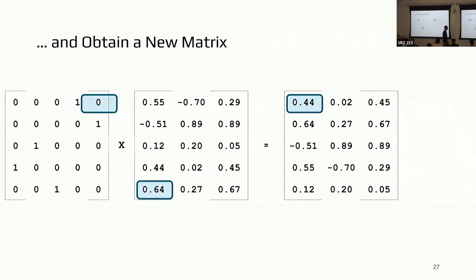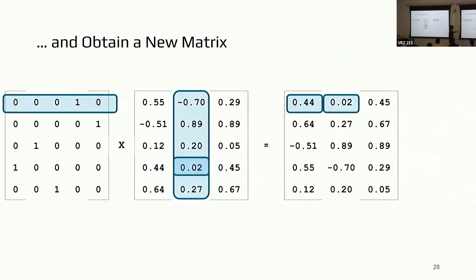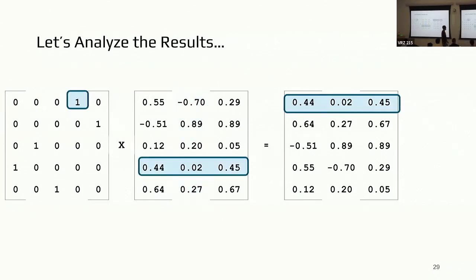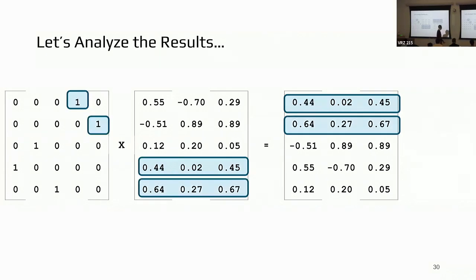Everything was 0 apart from this one, so I put this value here. I perform the same operation here: I multiply this row by this column, element by element. Considering that I have a 1 initialized here, the only value that is put there is 0.02. So this is the way in which we obtain our parameterized result after this multiplication.